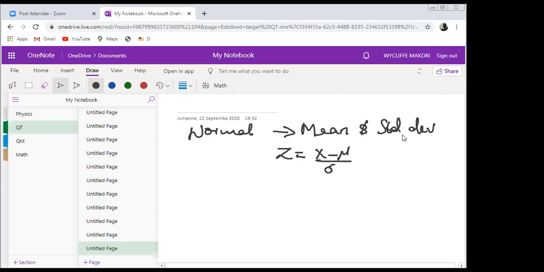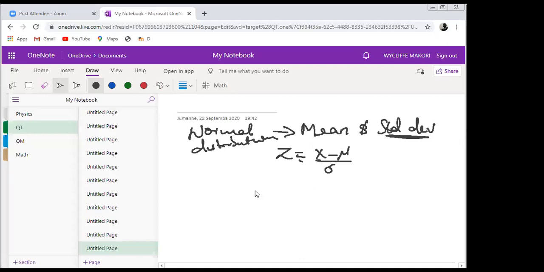So anywhere you find a question talking about the standard deviation, then it is a normal distribution. And you need to calculate the z-score and then use this z-score to find the probability from the z table or the normal table. That is number one.